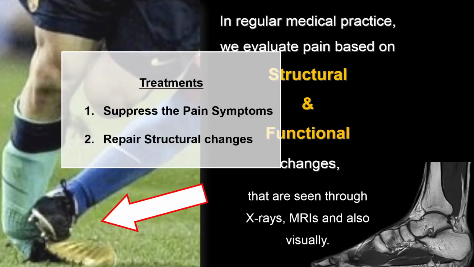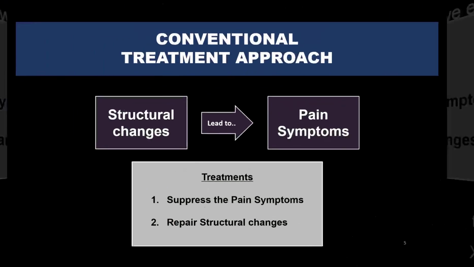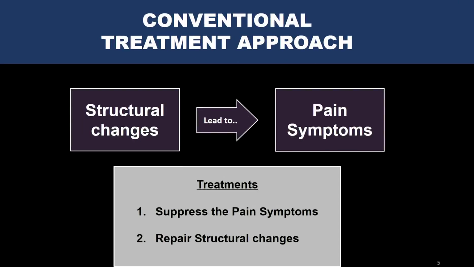The repair can comprise surgeries or physiotherapy, stretching, strengthening, manipulation in many ways. Just to recap the conventional treatment approach: structural changes lead to pain symptoms, and the treatments are suppressing the pain symptom and repairing the structural changes.